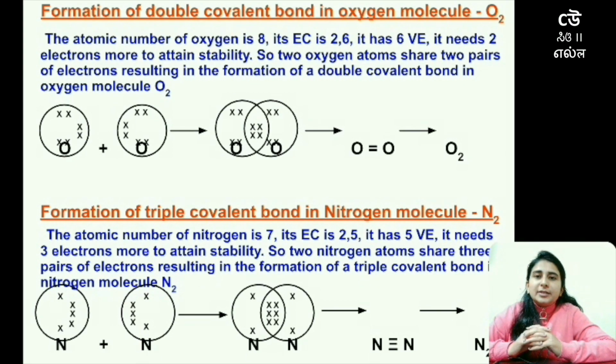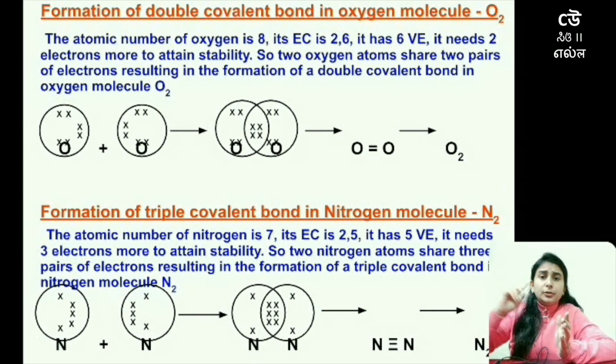So this oxygen atom here will share 2 electrons with the other oxygen atom, and therefore this will result in the formation of double covalent bond. So hydrogen had a single covalent bond, but oxygen here has a double covalent bond.